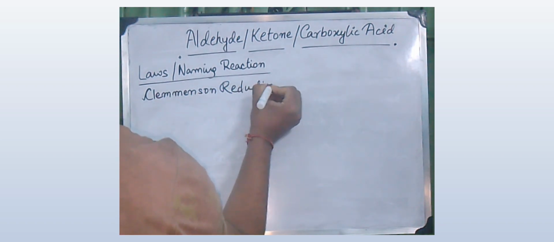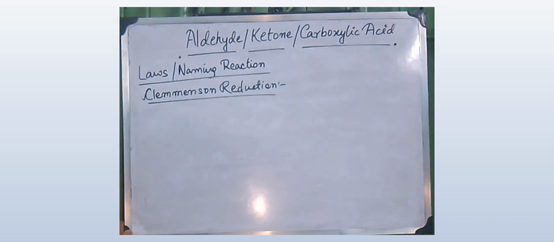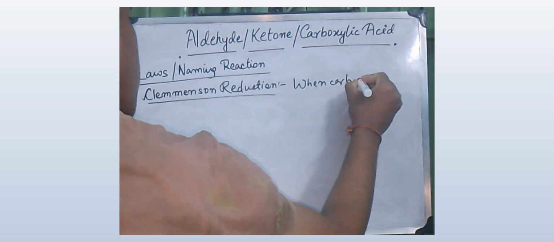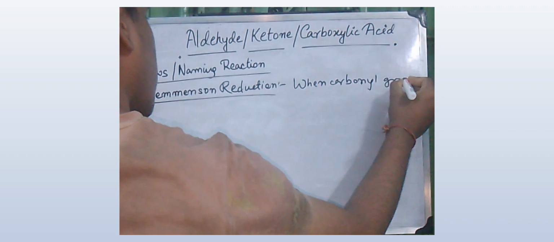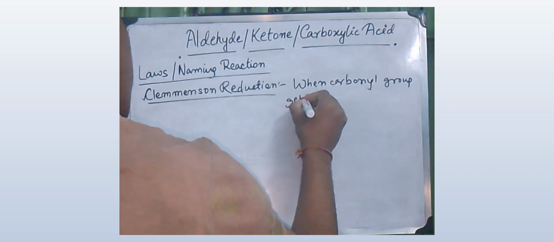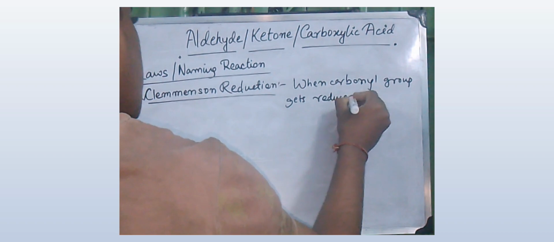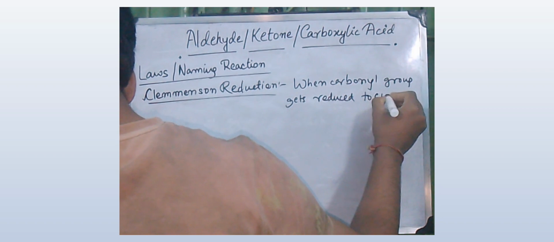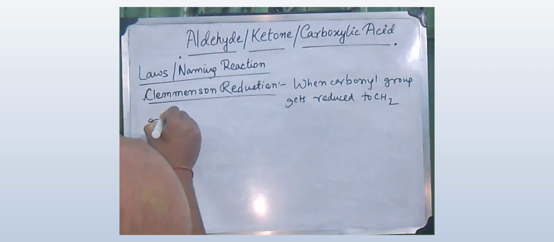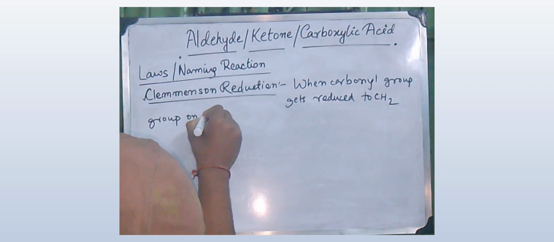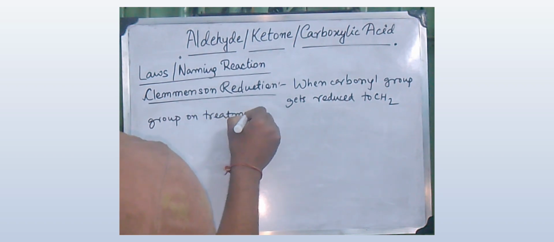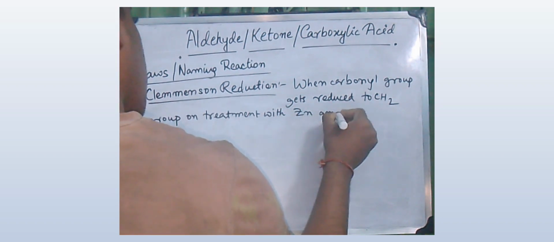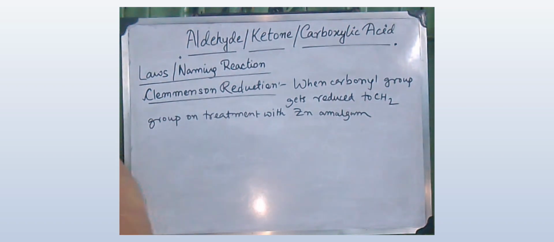In this reaction, the carbonyl group of aldehyde or ketone, basically the carbonyl group contains aldehyde and ketone only, is reduced to CH2 group upon treatment with zinc amalgam, which is zinc treated with some other metal, and concentrated hydrochloric acid. The reaction is known as Clemmensen reduction.